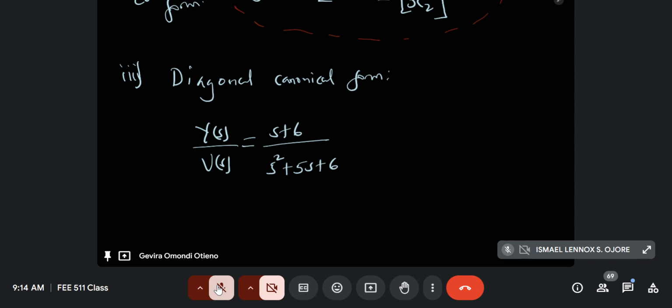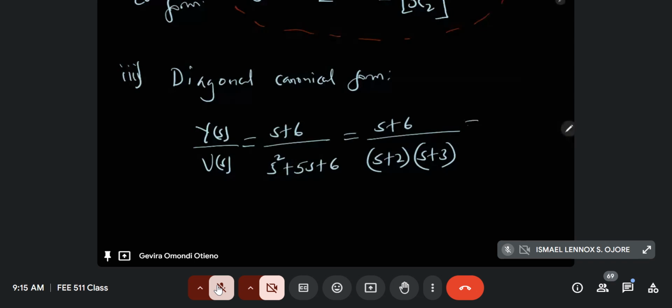We have to write it in terms of the poles, okay? So this is like saying s plus 6 over a number. If you multiply, you get 6. If you add, you get 5. That is 2 and 3, yes. So this is s plus 2, s plus 3.